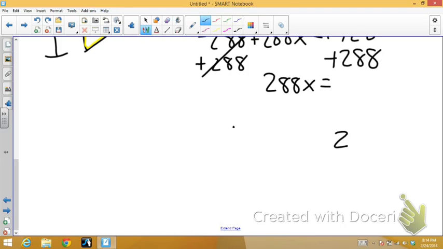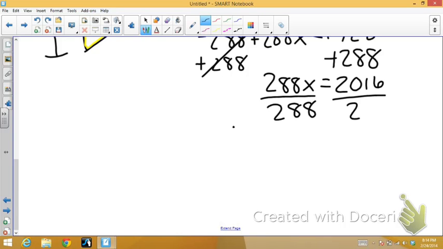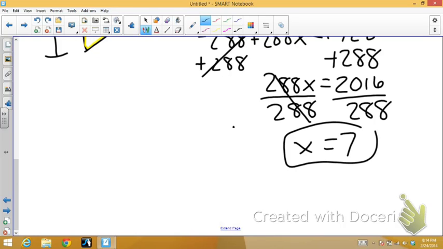Oops, sorry, I didn't mean to make the page go down like that. So again, that's 2016. Then we do our final opposite to get rid of 288. We divide by 288. 288 divided by 288 is 1x, but we don't have to write the 1 in. 2016 divided by 288 is 7.